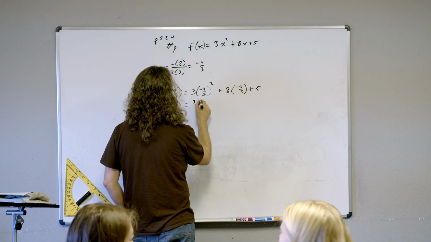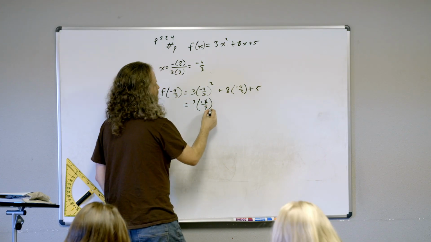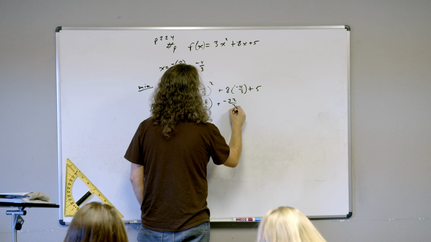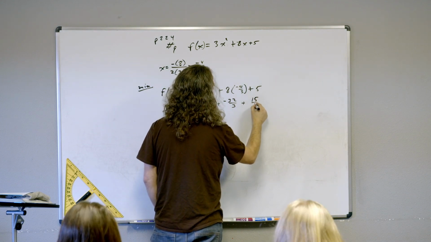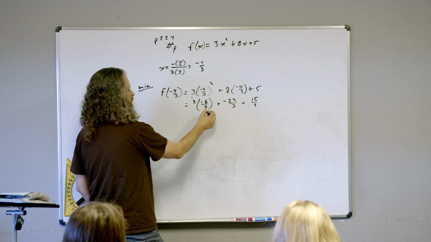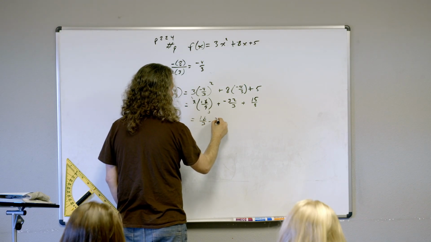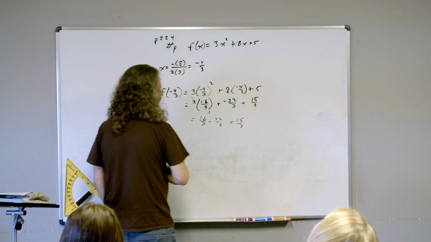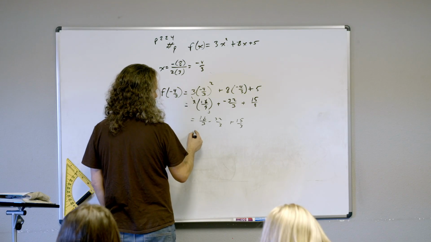So, 3 times 16 ninths, I think I did a negative wrong somewhere, plus negative 32 thirds plus, just because we're going to want to do this in a minute, 15 thirds, right? We pre-reduce and get 1 and 3, and we end up with 16 thirds minus 32 thirds plus 15 thirds. 16 minus 32 is negative 16.